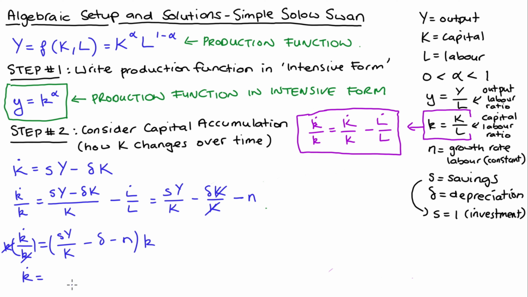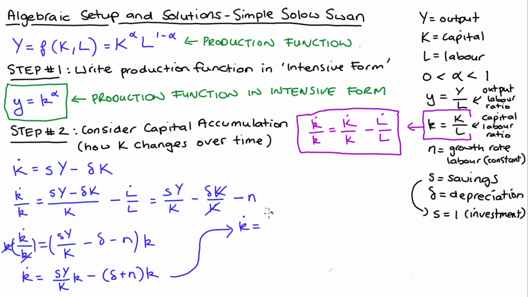If I do that, I'm going to get little k dot, that's our change in little k, is equal to S multiplied by big Y over big K multiplied by little k, minus, and then I'm going to put delta and n in brackets, and that's multiplied by little k. Now let's simplify even more.